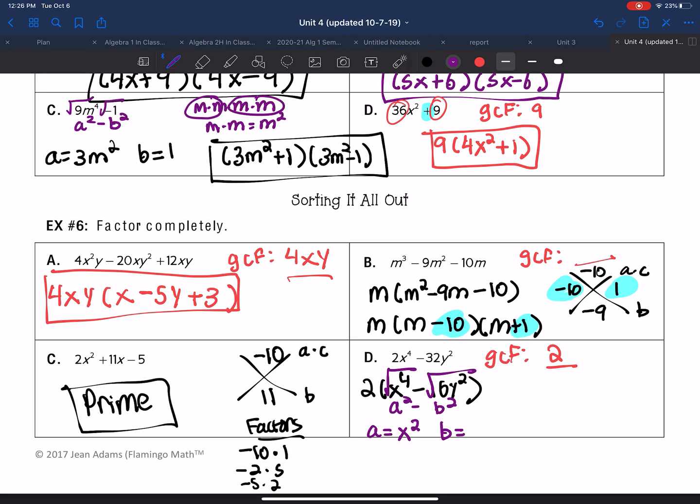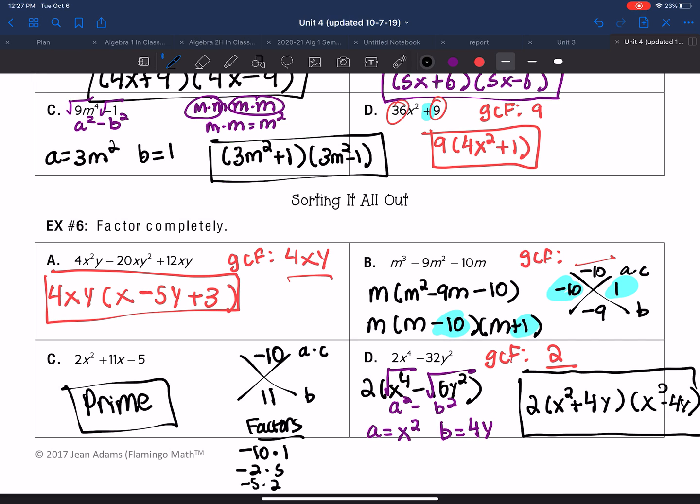The square root of y squared is y. So that's 4y. And now I can plug that in using the formula. So I have to keep the 2 out front. And then I have x squared plus 4y. That's a plus b. Times x squared minus 4y. That's a minus b. So my final answer is 2 times x squared plus 4y times x squared minus 4y.